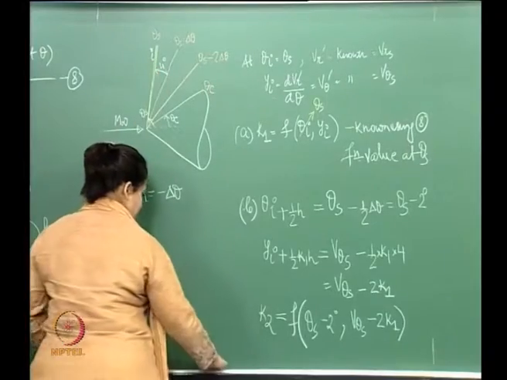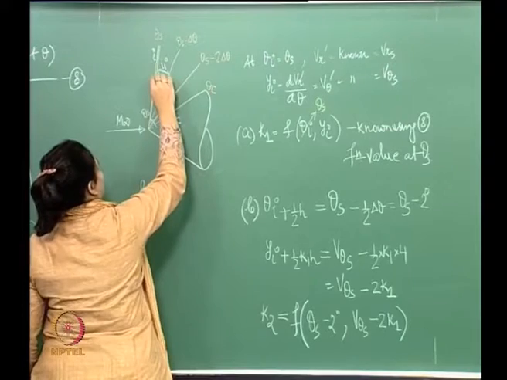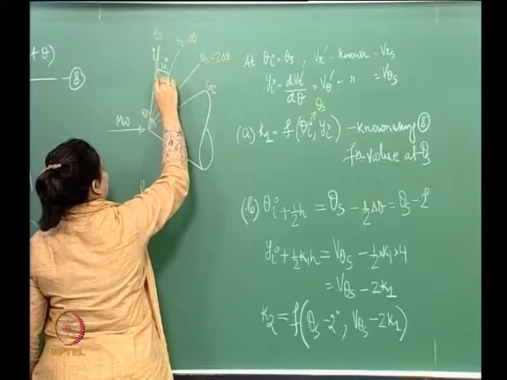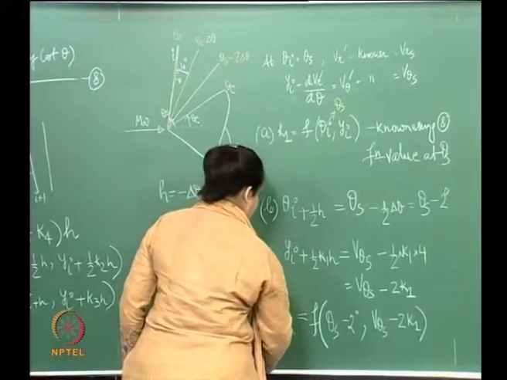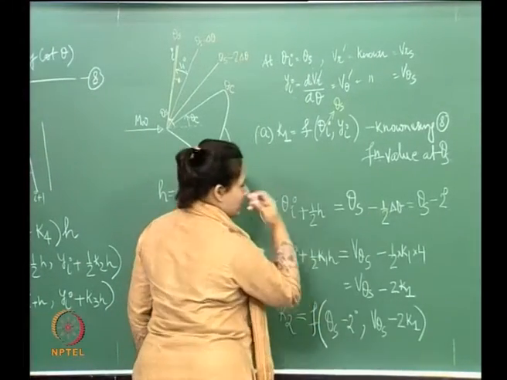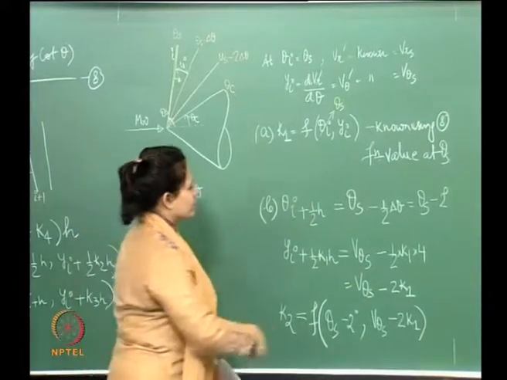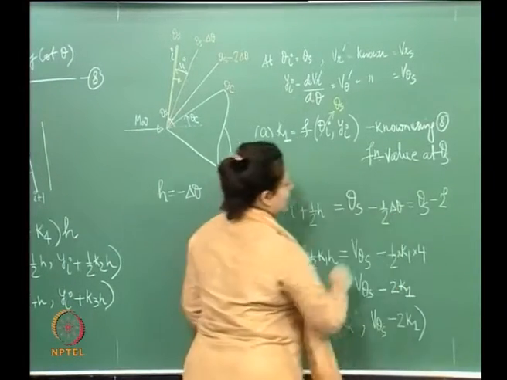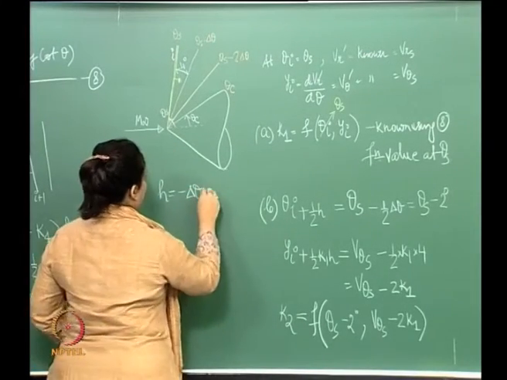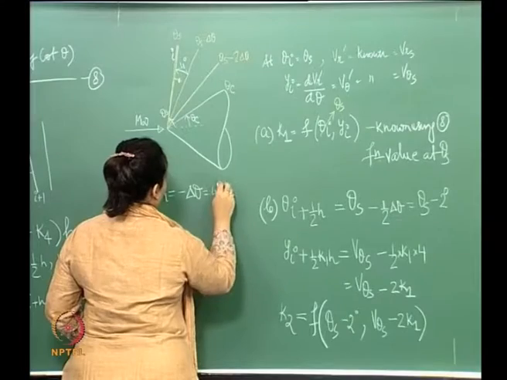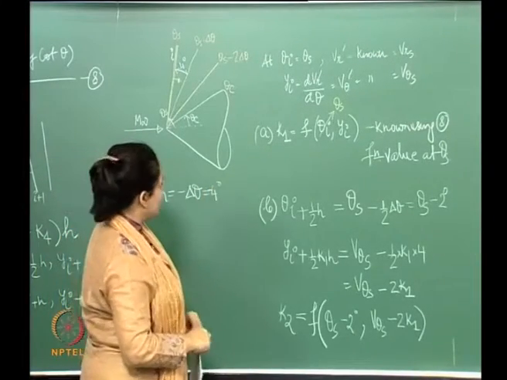Basically we are going from here and coming halfway, which is what we have done over here, theta s minus half into 4. We have just taken 4 here, let this be 4 degrees for this particular purpose.